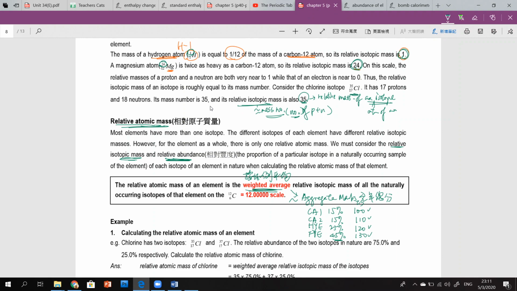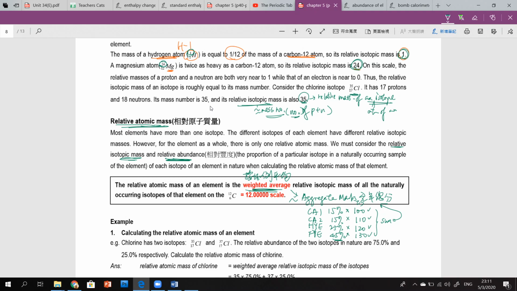Okay, so that's why the weighted average is something like this. How do we calculate the aggregate marks? It seems like this. You multiply that, multiply that, multiply that, multiply that, and make a sum. So after calculating, here comes the aggregate marks. Okay, you add it together. So similarly, you are going to calculate something similar.